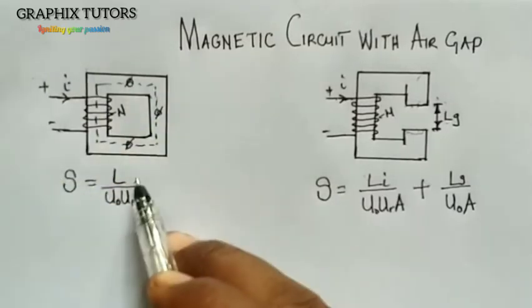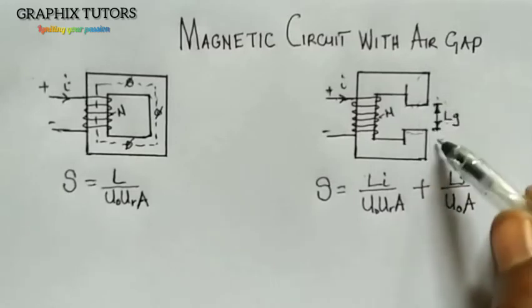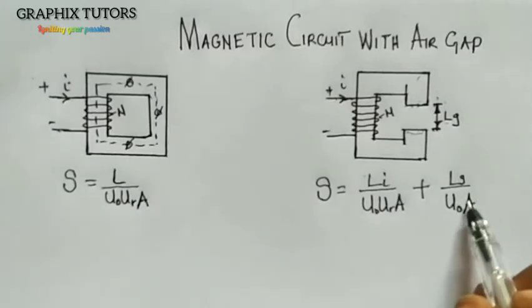It's not composite. But here now it involves the material plus the air gap. But air has a relative permeability that is negligible, so we just use the absolute permeability, right?